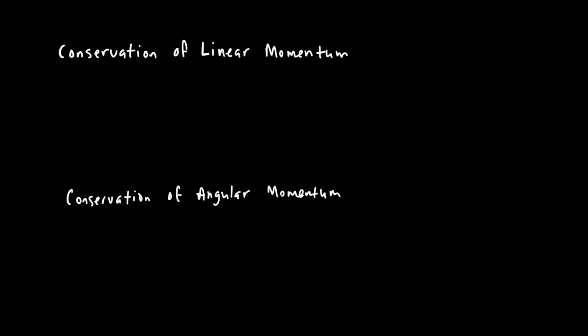The last thing that I'd like to do would be to just very quickly summarize what we've talked about so far. Conservation of linear momentum. We know that linear momentum is P, which is equal to m times v, and in order for linear momentum to be conserved, we say that if the net external force is equal to 0, then delta P is equal to 0.